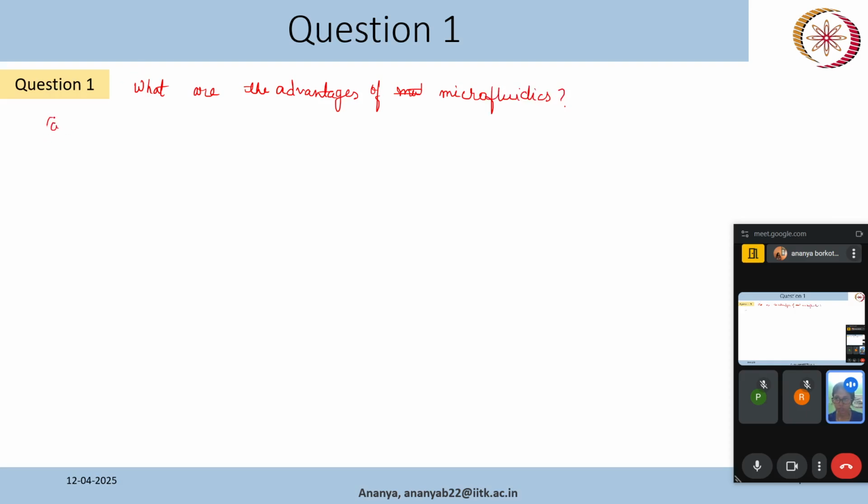The options are: A, it can mimic the complex fluidic system in a lab setup.